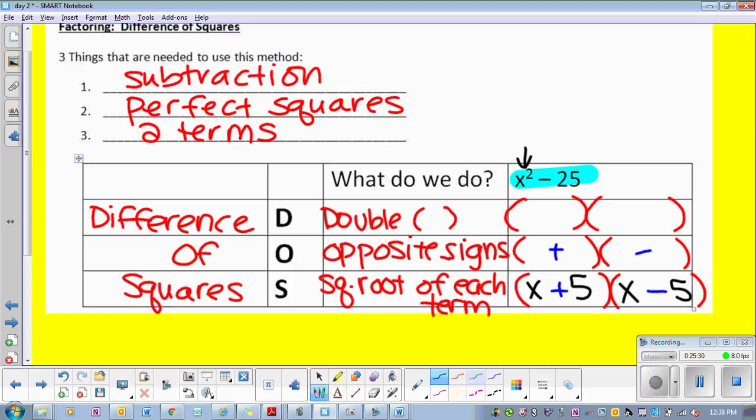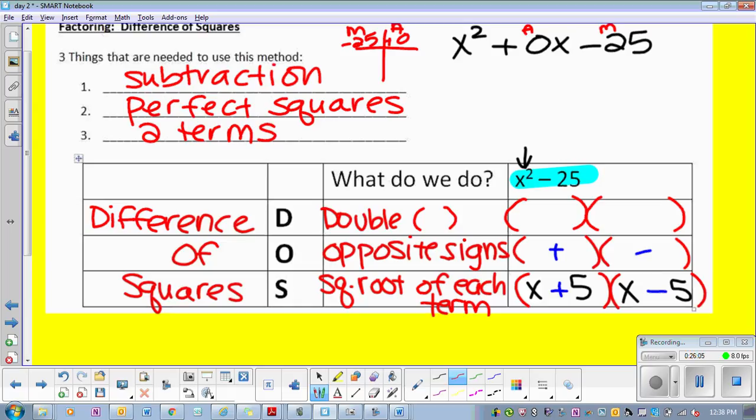But, guys, think about this. Why does it come out to be this? X squared minus 25, isn't it really x squared plus 0x minus 25? Right? Because your middle term is 0, right? So you could do AM. Two numbers that multiply to give you negative 25, but add to give you 0, is what?